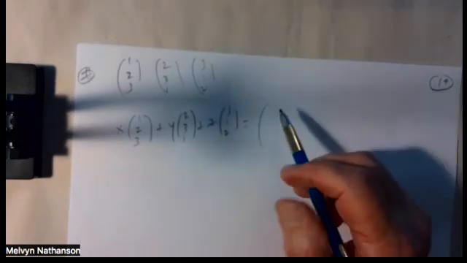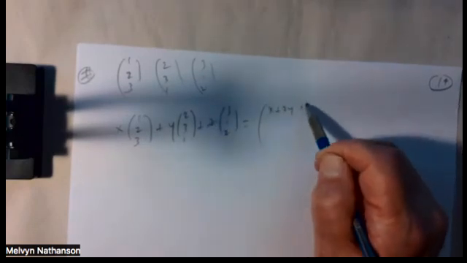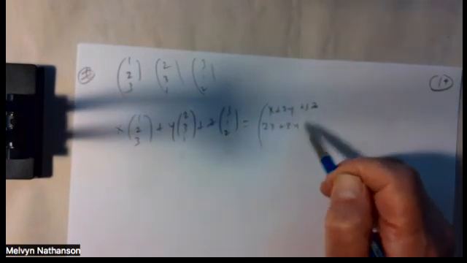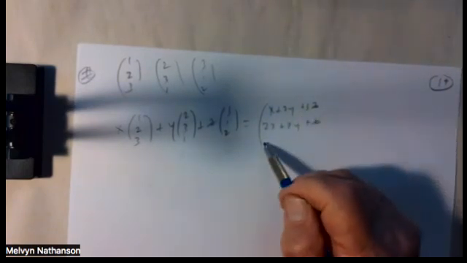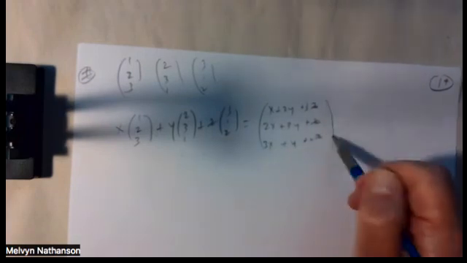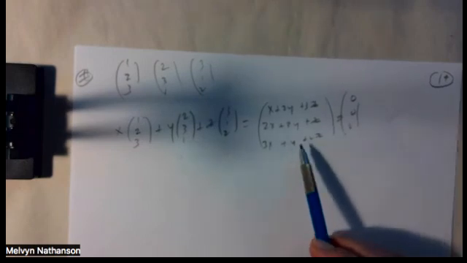This is equivalent to (x plus 2y plus 3z, 2x plus 3y plus z, 3x plus y plus 2z) equals (0, 0, 0). So you have to see if this set of 3 equations and 3 unknowns has a non-zero solution.